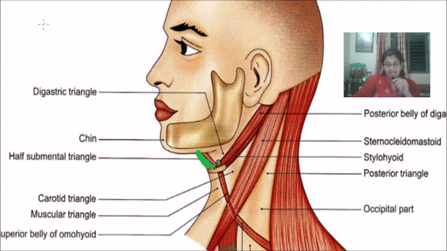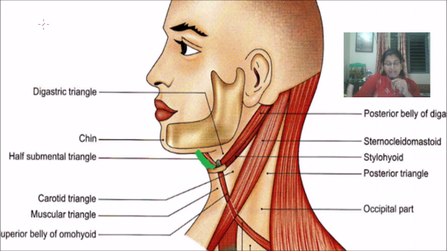Now, where do the submental lymph nodes drain? That is another important MCQ they ask. Just now I told you we have mainly the submental lymph nodes and submental veins. So the submental lymph nodes drain mainly which parts?